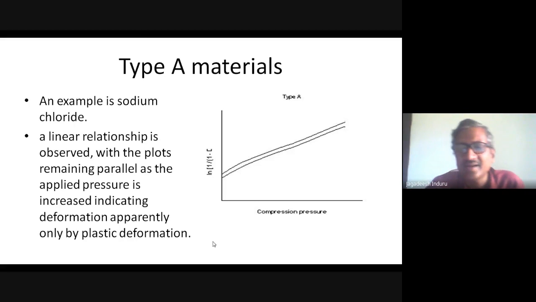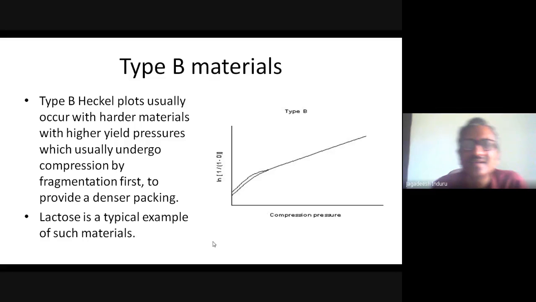And according to Heckel, we have the type B material. The type B material, if you see, initially has the highest slope. After that, the slope decreases, and at the joining of these two phases, there is some yield point. It means initially they behave as elastic in nature.